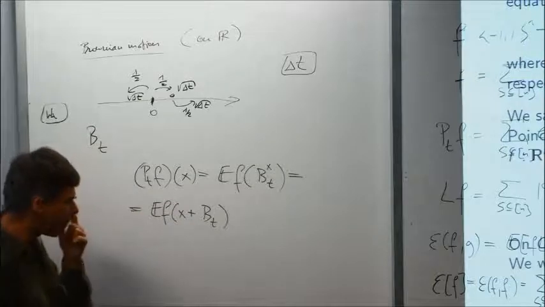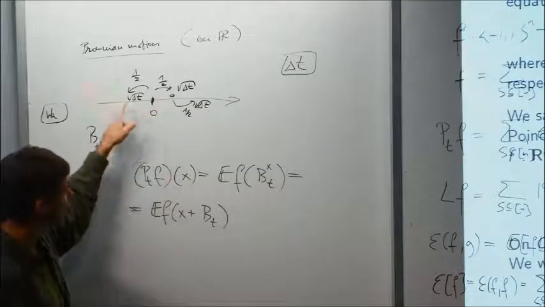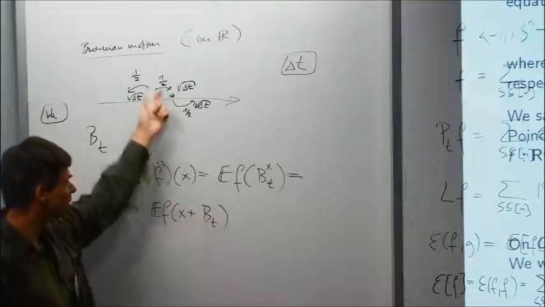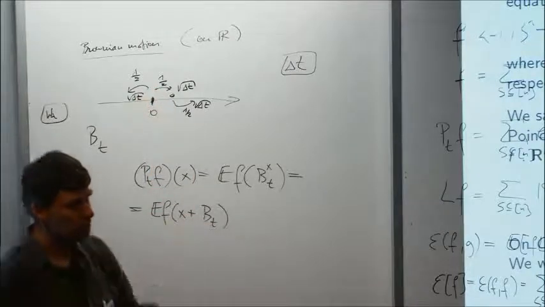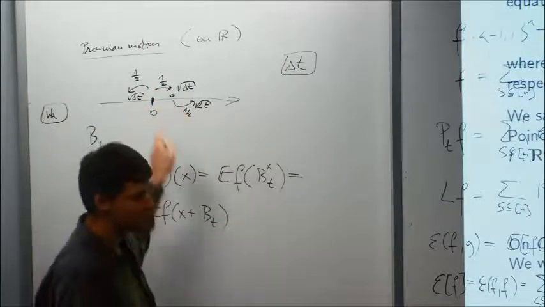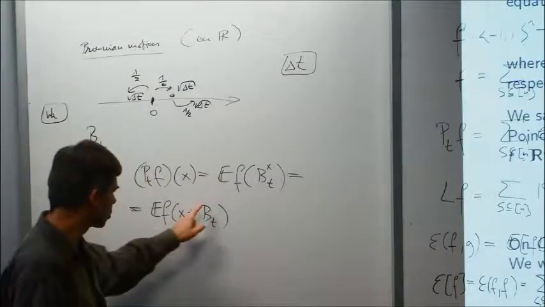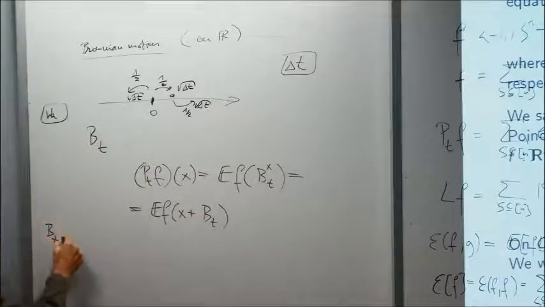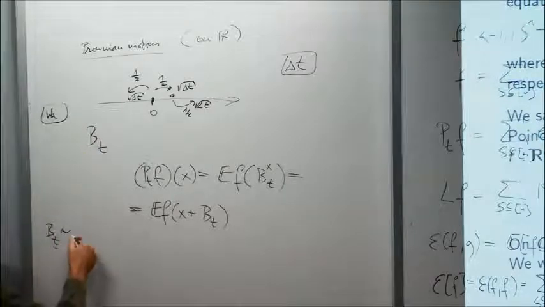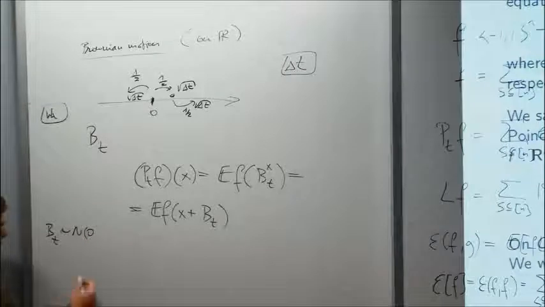Okay? And now, once you know this process, once you see that this is just a limit of such plus minus 1 symmetric random variables, it's very easy to prove that the distribution of B_t at fixed time t is nothing else than the Gaussian random variable with variance t.